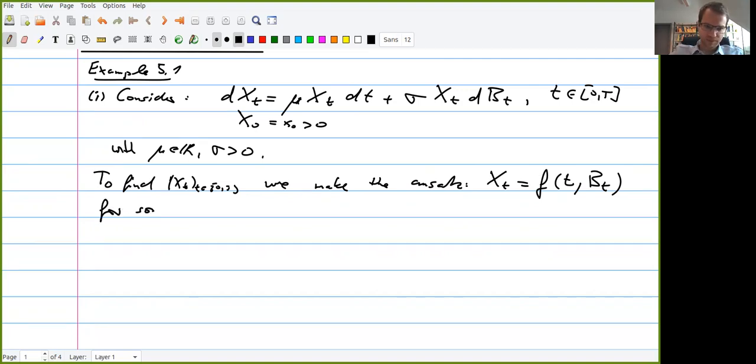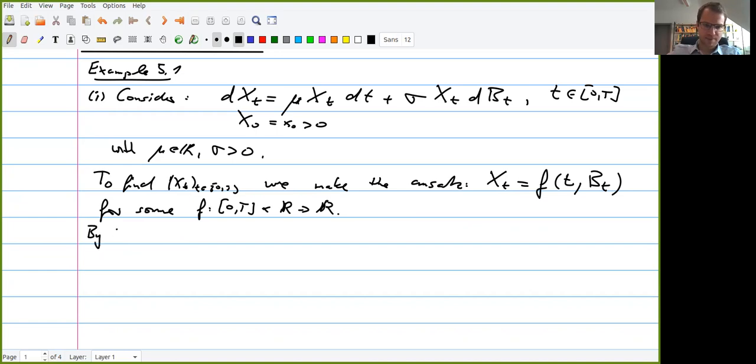For some f depending on time and space, right? And now we need to find this function f with the hope that it exists. All right. Okay. So if we have this structure, the great thing is that we have Ito's formula available.